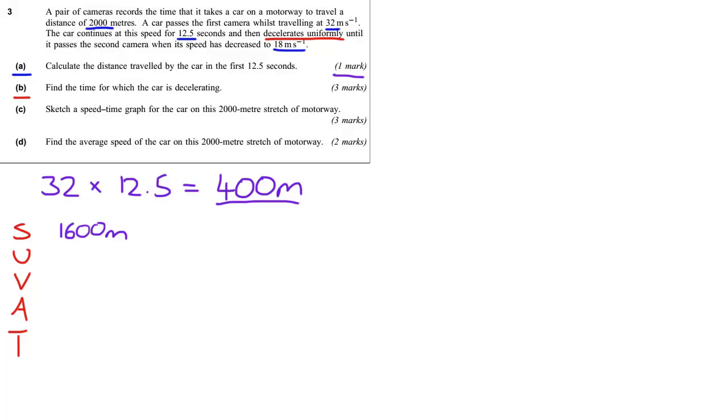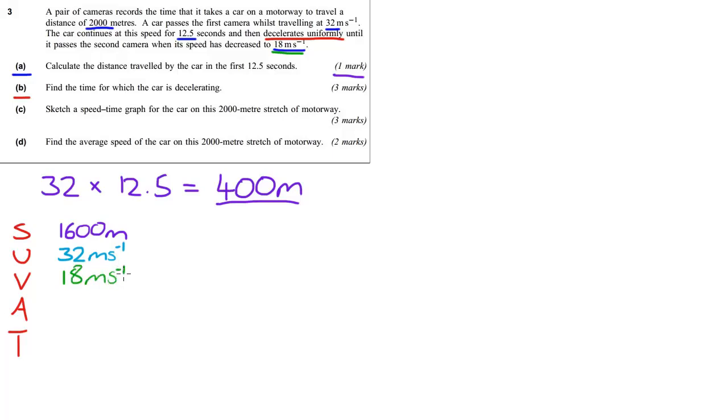Our start speed, before it starts decelerating, is going to be 32 meters per second. Our final speed is going to be 18 meters per second, that's the speed that we finish with.